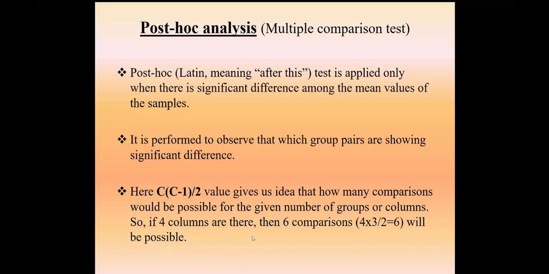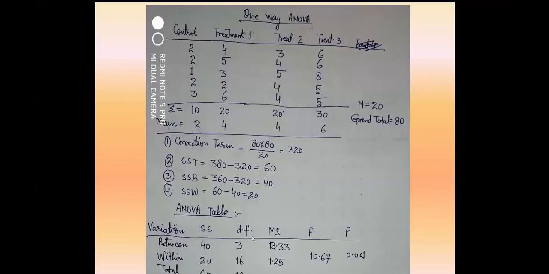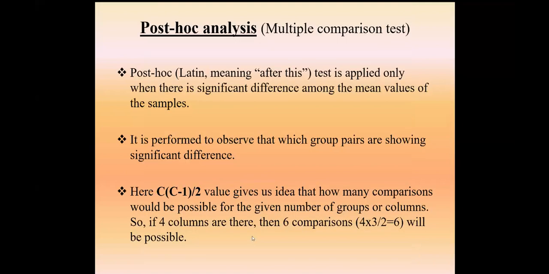It means total 6 comparisons will be possible. So if you have, suppose, 3 columns, it means 3 into 2 by 2, that will be 3. It means 3 comparisons will be possible. In this particular case, which I showed you just now, 4 columns are there. So 6 total comparisons will be possible.